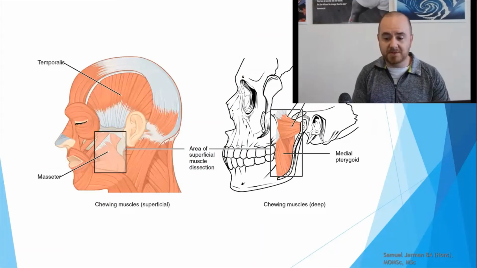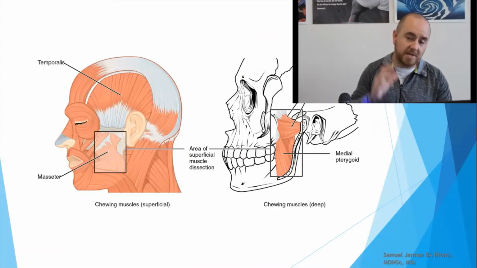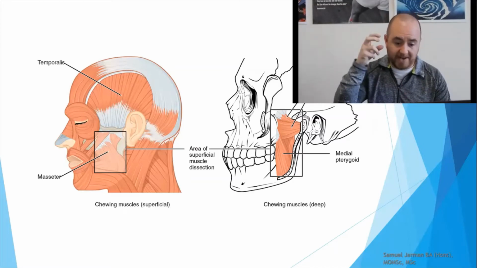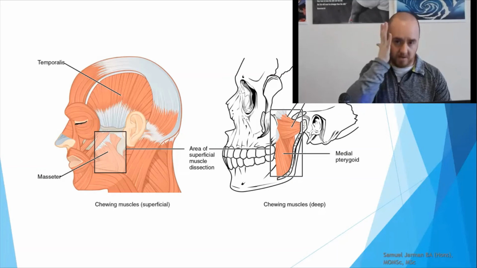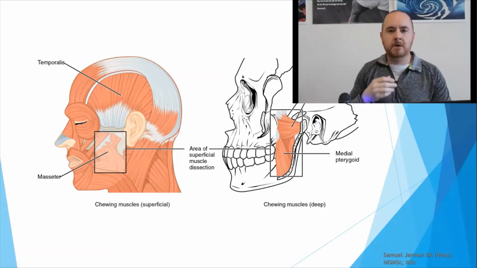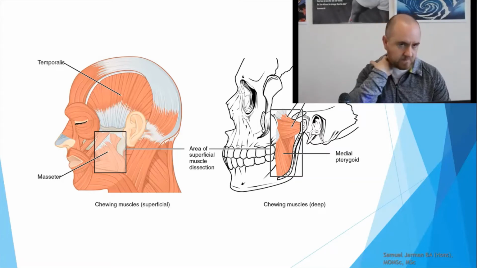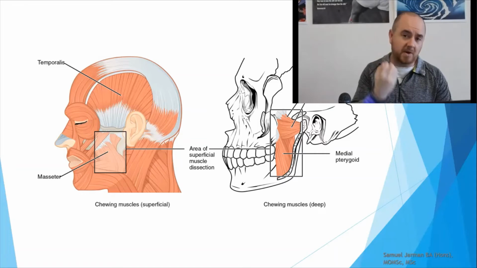As far as the muscles of mastication are concerned, these are going to be the temporalis and the masseter, from cranium to mandible, kind of on the outside, or superficial to the mandible to some degree. Then you have the pterygoids, the medial and lateral pterygoids, and those are going to come from the pterygoid plate of the sphenoid.